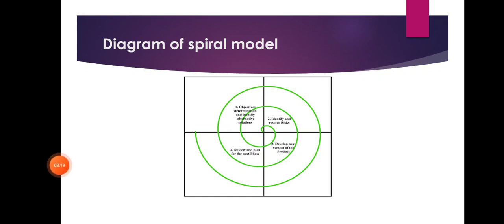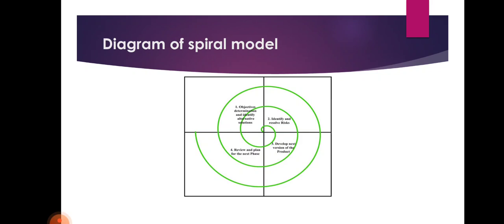The third quadrant shows developing the next versions of the product. Whatever the second quadrant shows us, the next step is developing and validation. After risk taking, a development model of a system is used.